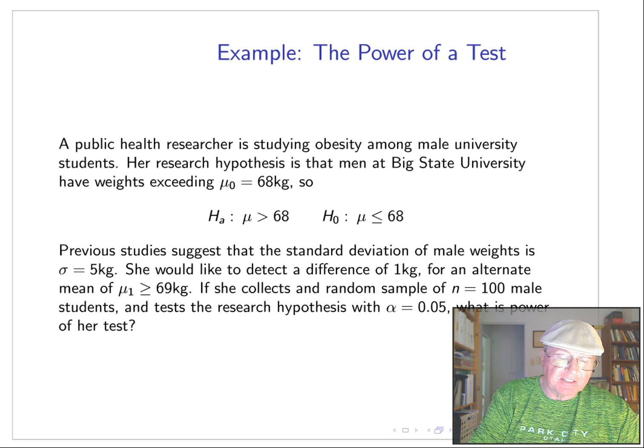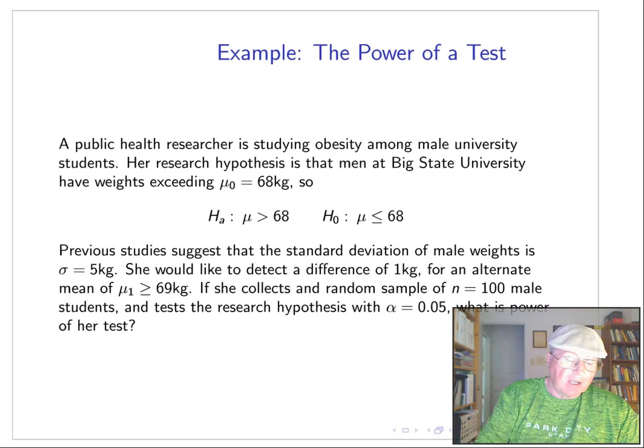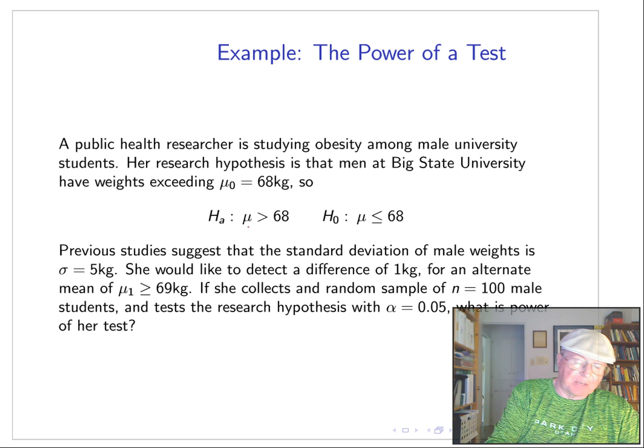Let's look at an example and see how this works. A public health researcher is studying obesity among male university students. Her research hypothesis is that men have weights exceeding 68 kilograms, so greater than 68. Previous studies say that the standard deviation is 5 kilograms.